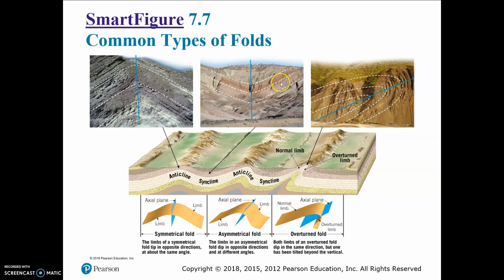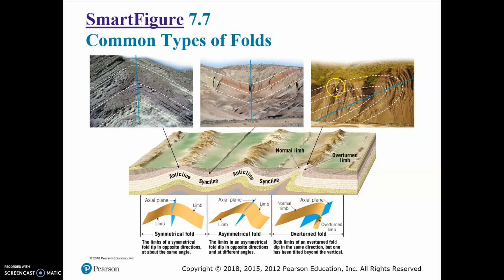These are pretty symmetrical. But if we look at how this one is shifted, it's really hard to see what's going on here because we are overturned. You know, we have gone way beyond vertical at this point.